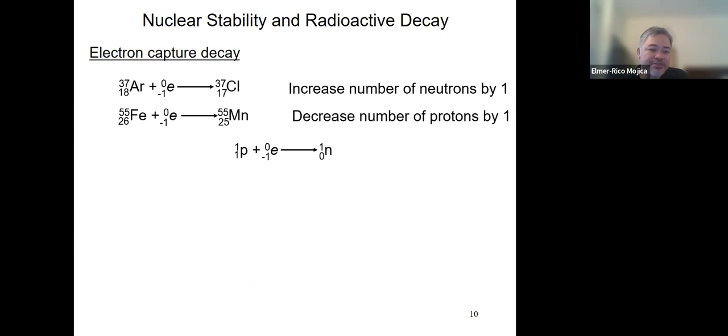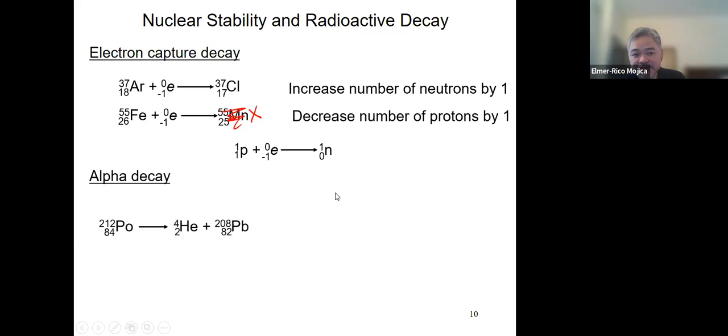So maybe the way I do it is I put this as X, the one that you need to supply. You don't need to memorize this reaction. All you need to know is what's the proton, what's the electron or beta particle, and what's the neutron. And this is the alpha decay, the one that we have on that one.